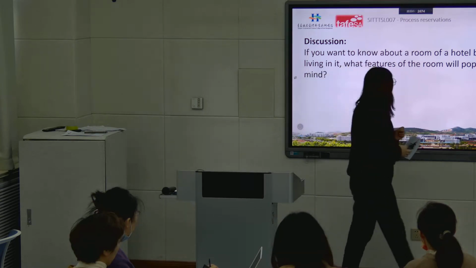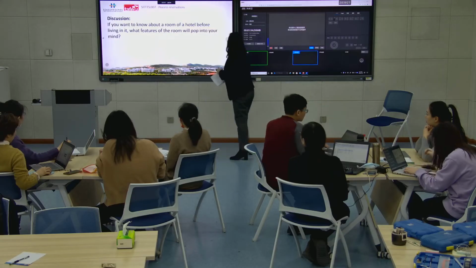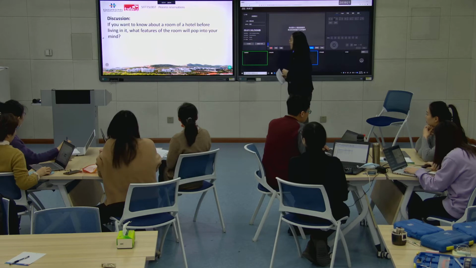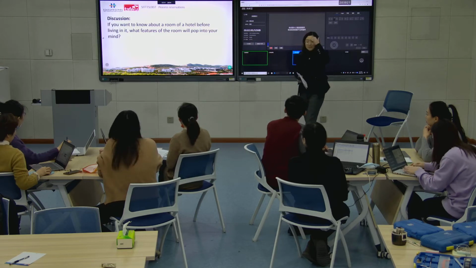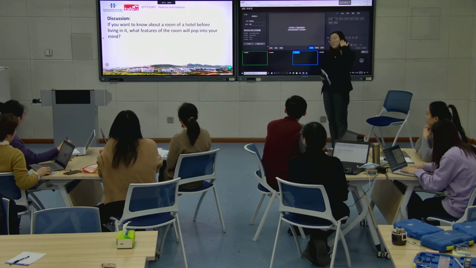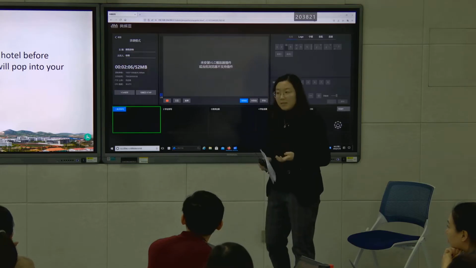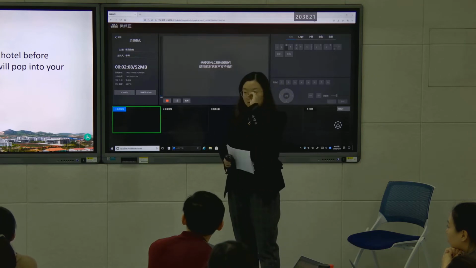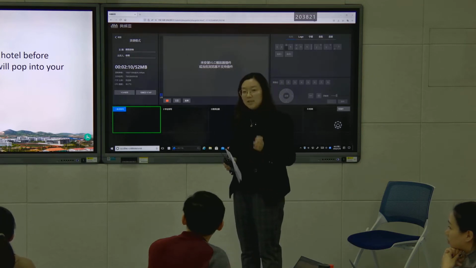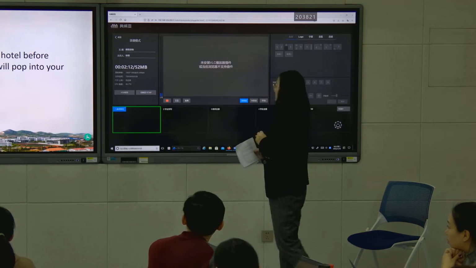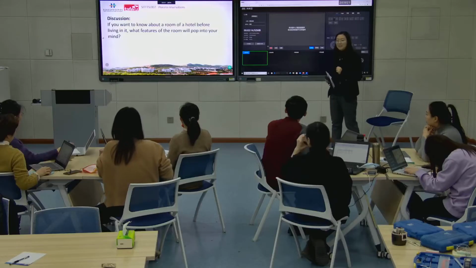If you want to know about the room of a hotel before booking it, what features of the room will pop into your mind? What can you think of at first? The bed. The bed, right? Television. Television, yeah. Restaurant.